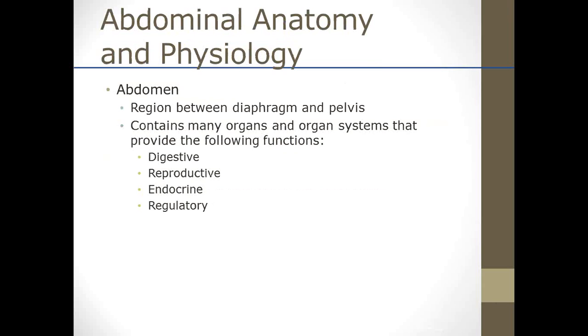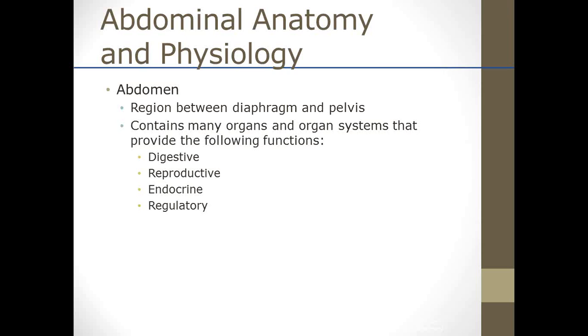So our abdomen is our region between our diaphragm, which is the top part of our abdomen just under the chest, and the pelvis, being the bottom floor of our abdominal cavity. In that, we're going to find organs that are part of the digestive system.